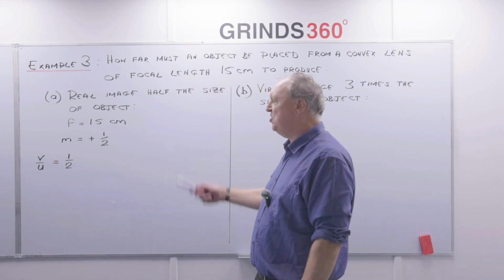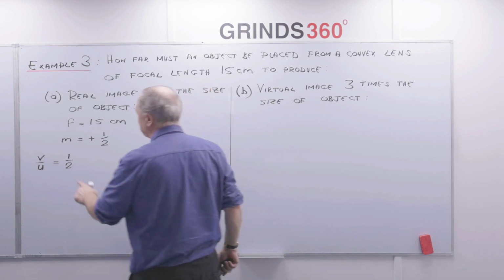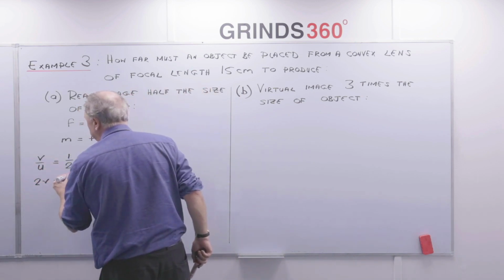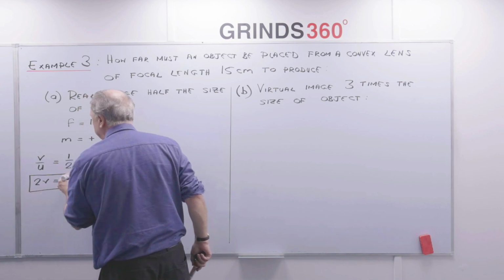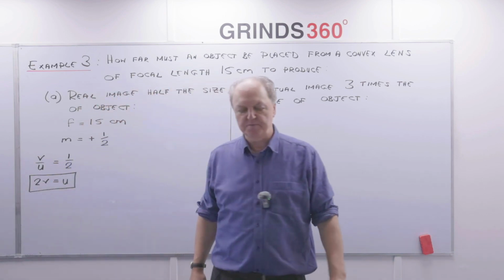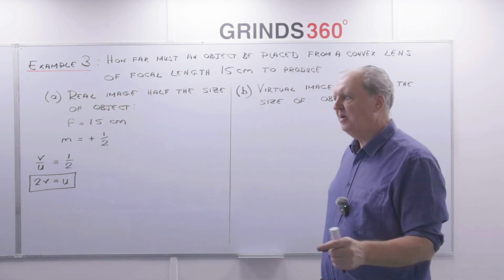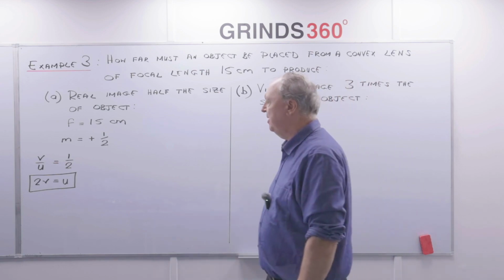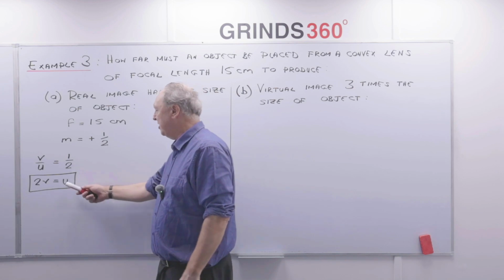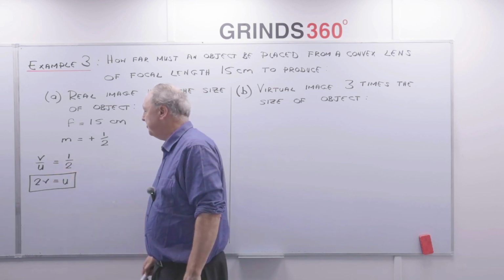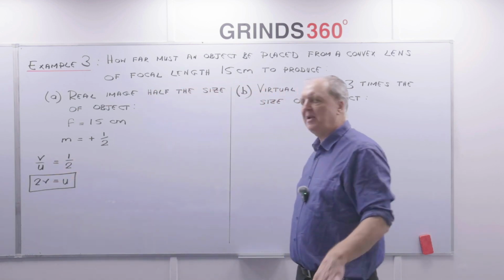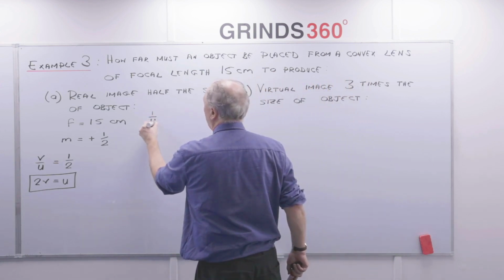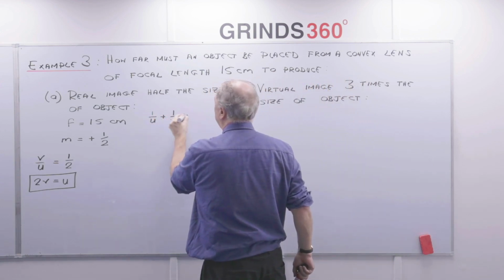Cross multiply, and I end up getting that 2V is equal to U. Put a box around that. 2V is equal to U. I don't have U, and I don't have V, but I do have the relationship between them. You can see that U is 2 times V. Now let's go to my other formula, which is 1 over U plus 1 over V equals 1 over F.